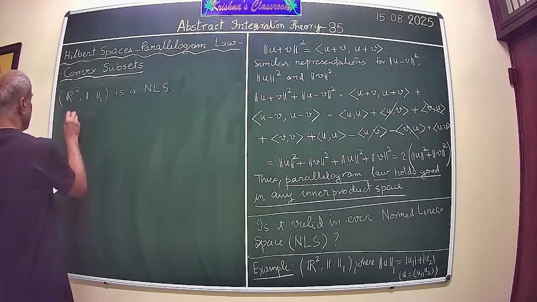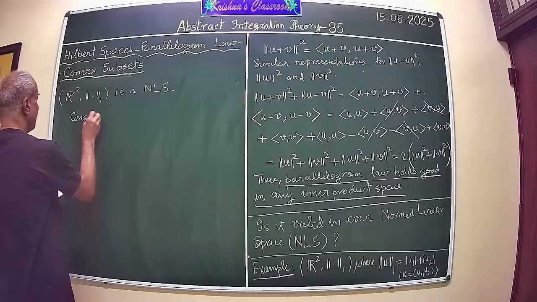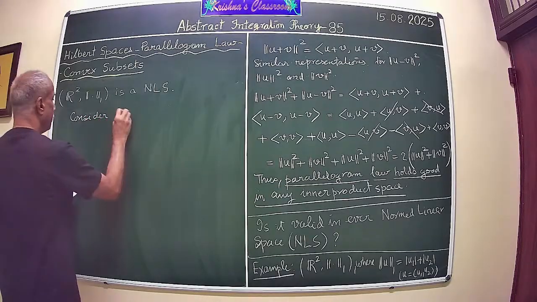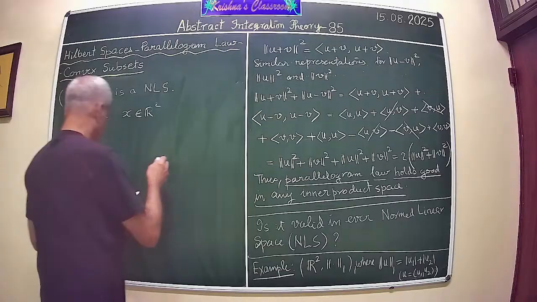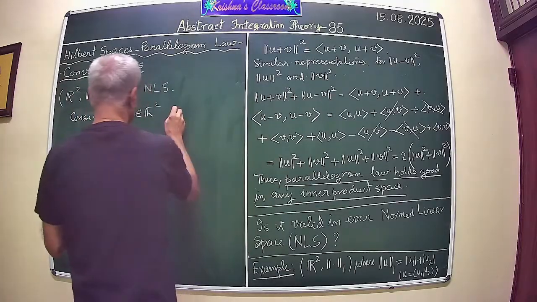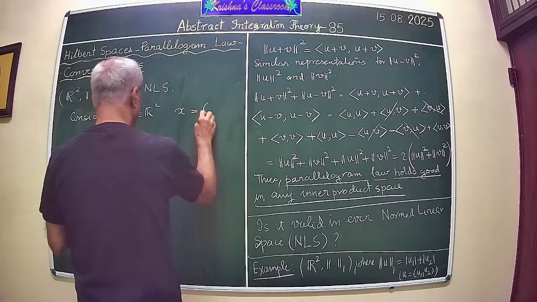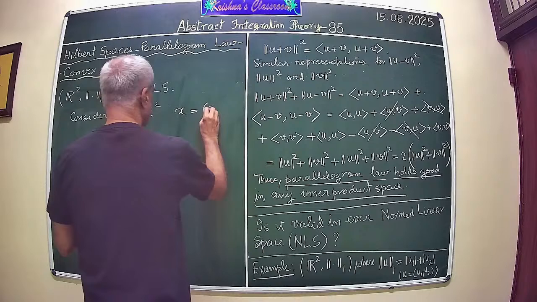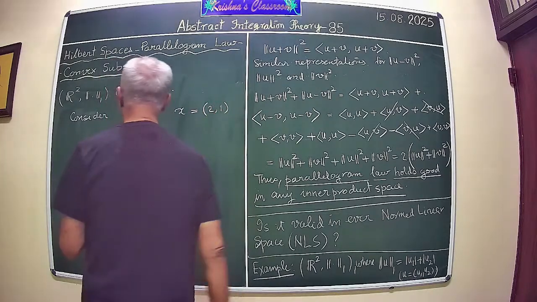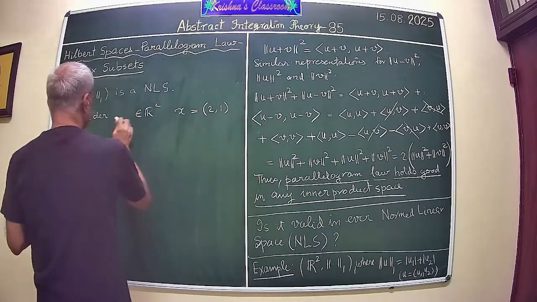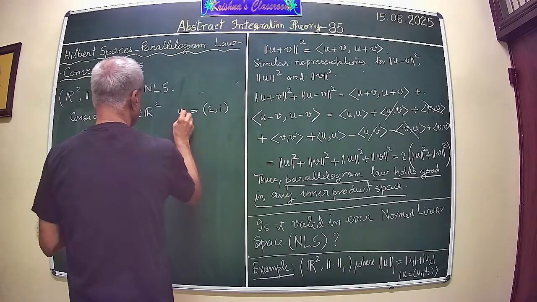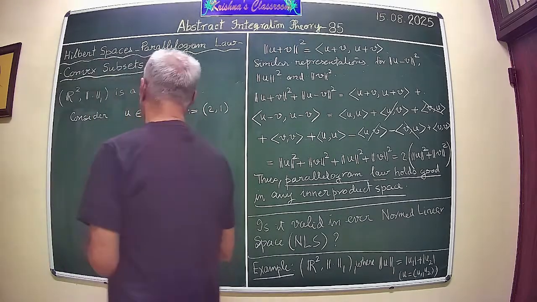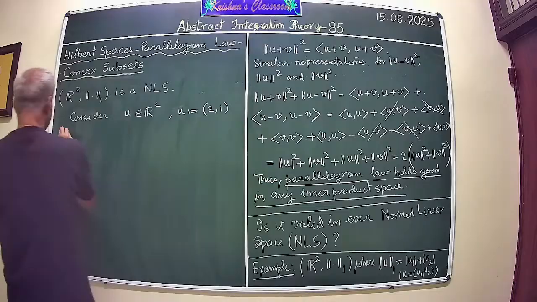So consider u given by the vector 2, 1, and v equal to 1, 2.